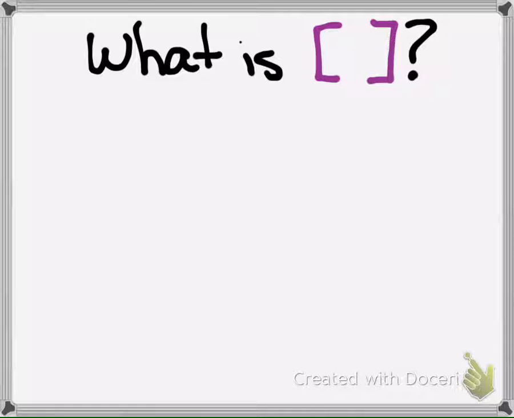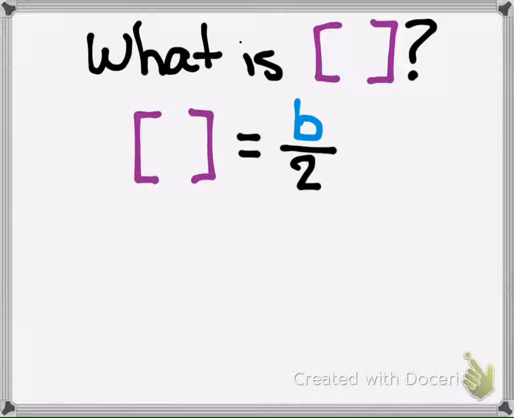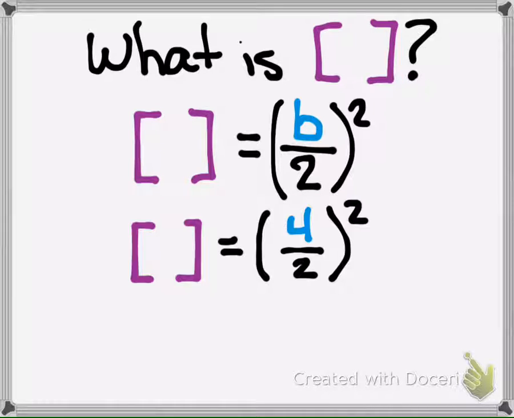Now, you might be asking, how do I find this something? Well, I'm going to tell you. Our brackets are equal to our b value divided by 2, since we want to find two values that add up to give me b, squared, because I want this to be a perfect square. When I plug in my b value from the original equation, since I had my 4x term, my b value is 4.